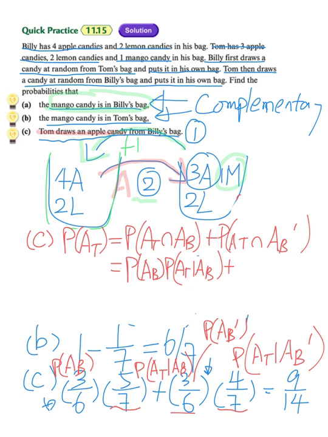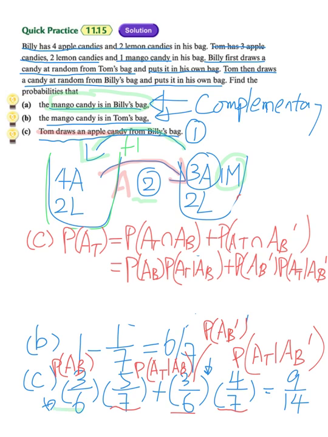Or in other ways, Billy cannot get the apple candy, and then calculate Tom getting the apple candy given that Billy cannot get the apple candy. Okay, so that's the meaning of what we are trying to do in the below.